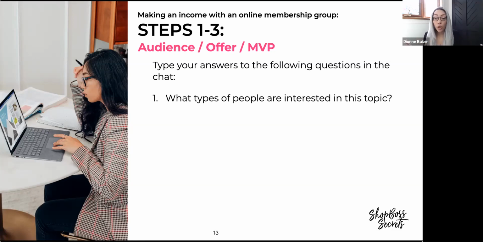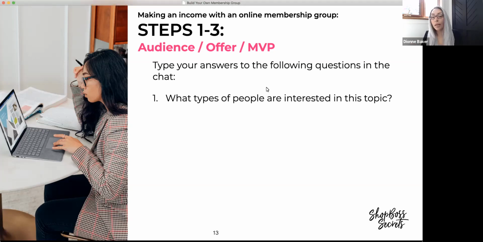Do we want to serve people who have struggled with their weight all their lives and are looking to make a lasting change? Do we want to serve people who maybe have limited abilities, who haven't thought, I could do something more physical than I've given myself credit for, and I want to see how far I can push? Who is it that we want to serve, and who would be interested in this kind of offer? We need to answer that question.